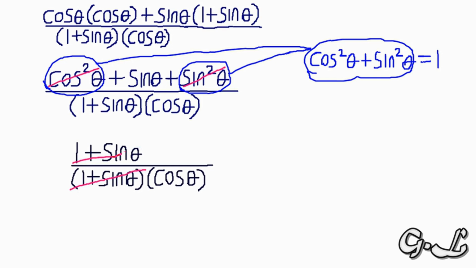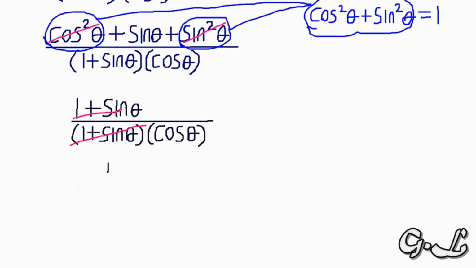So in the numerator we have 1 plus sine theta, and also in the denominator we have 1 plus sine theta. So those two can simply be cancelled out. So we're going to have the numerator as 1, simply because 1 plus sine theta divided by 1 plus sine theta gives you the value 1.